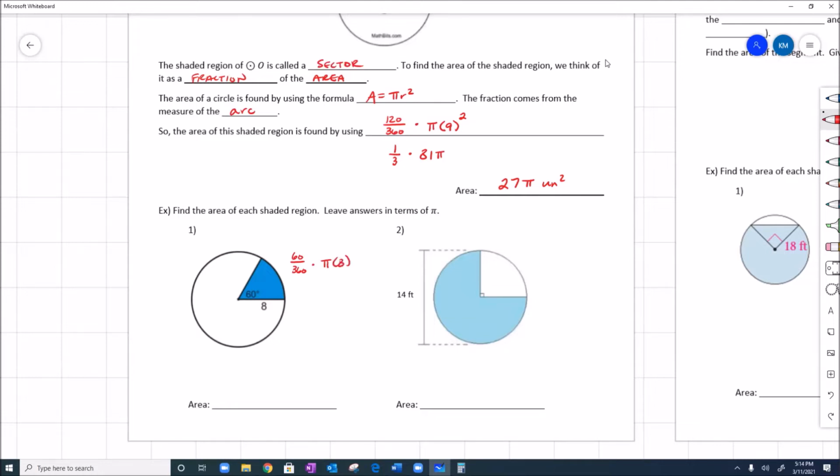In this case, our radius is 8. 60 over 360 simplifies to 1/6. 8 squared is 64. So we have 64 over 6 pi, which simplifies further down to 32 over 3 pi. We'll say units squared.